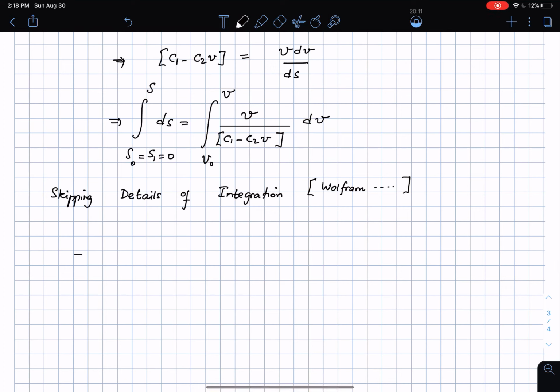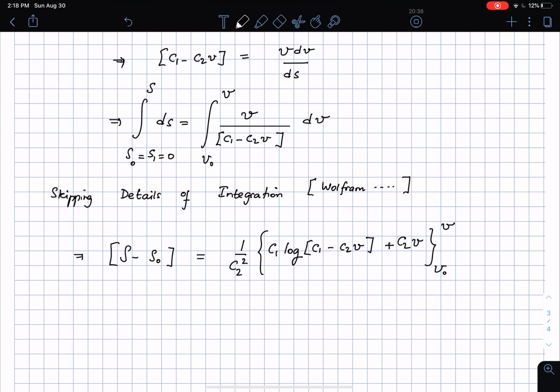So this tells me that s minus s naught on the left hand side is equal to 1 by c2 square times c1 logarithm of c1 minus c2 times v plus c2 times v between the limits v0 and v.